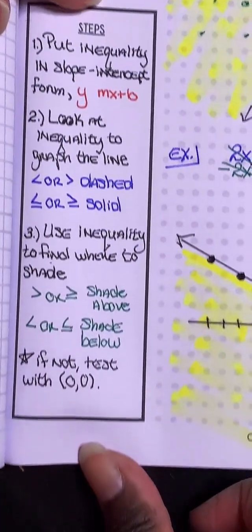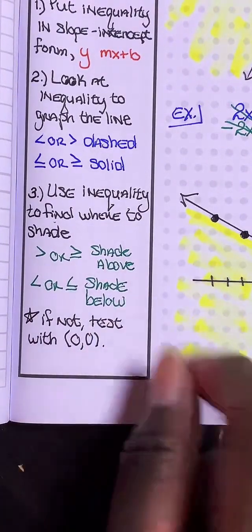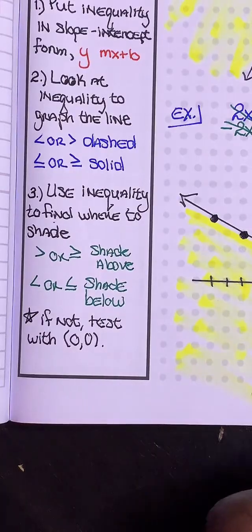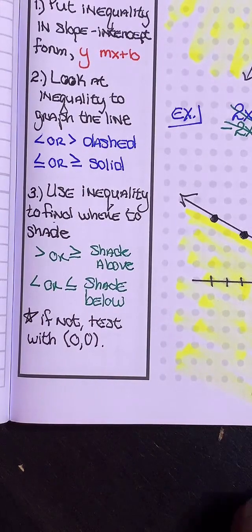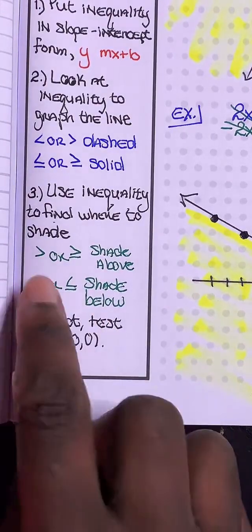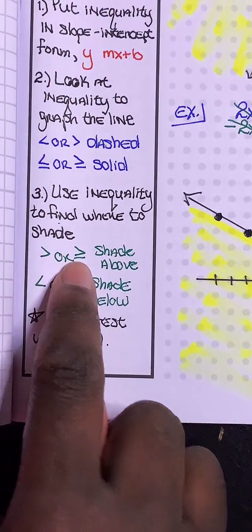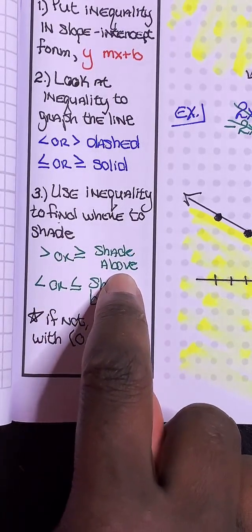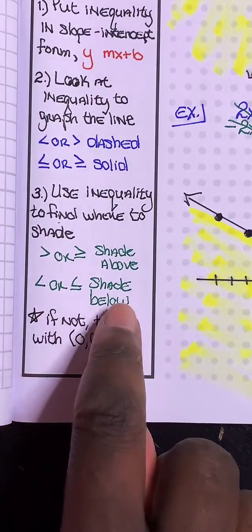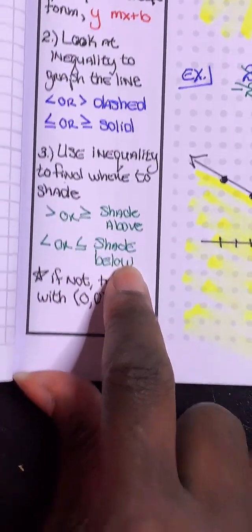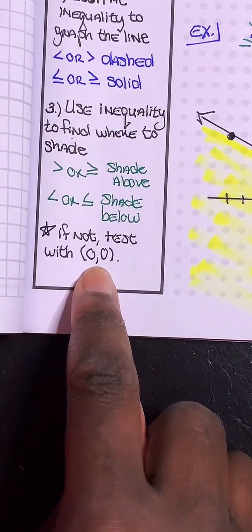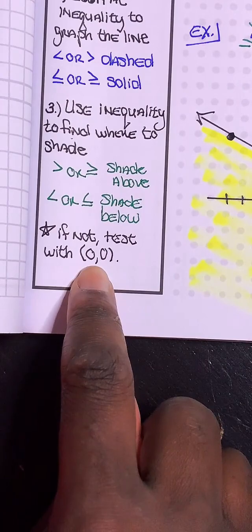Then you're going to figure out what side of that line you're going to shade. Always remember, when you multiply or divide by a negative number, you have to change the direction of the inequality sign. If it's greater than or equal to, you can shade above it. If it's less than or equal to, you shade below it. If you can't figure out which is above or below, then you test it. Test it with 0,0.